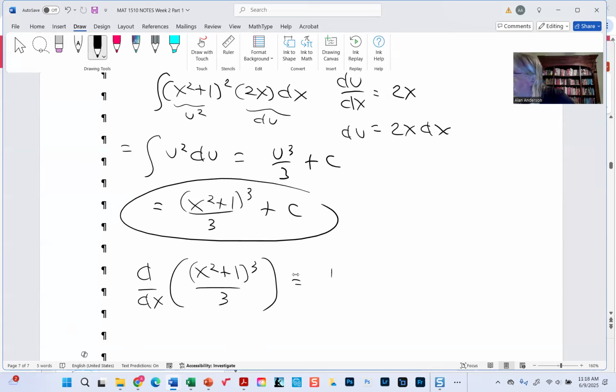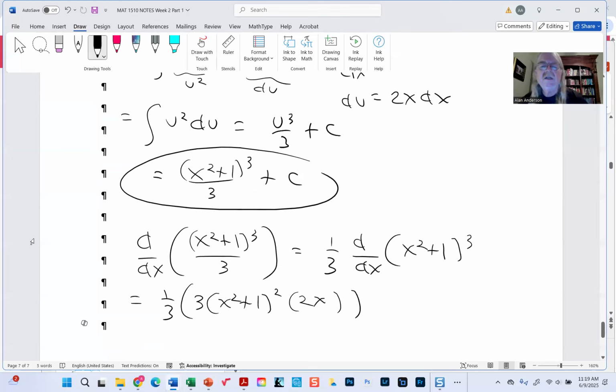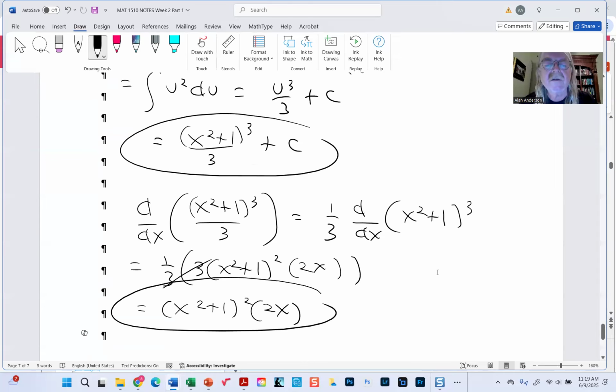So I can actually bring this 1/3 outside if I want. So based on the chain rule, this is what I'll end up with. That leaves me with, now the threes cancel each other out. That's of course where we started out. So that means we must have done this correctly.